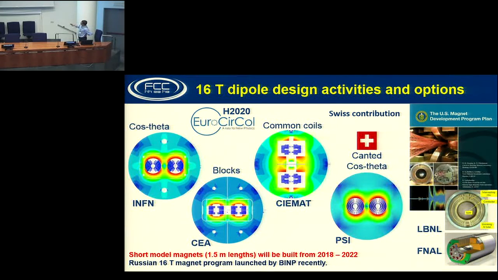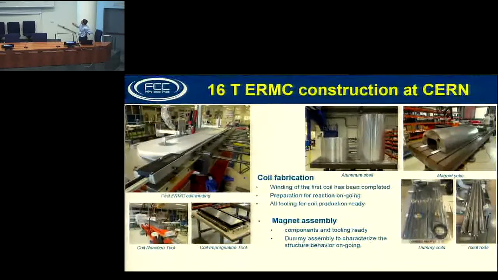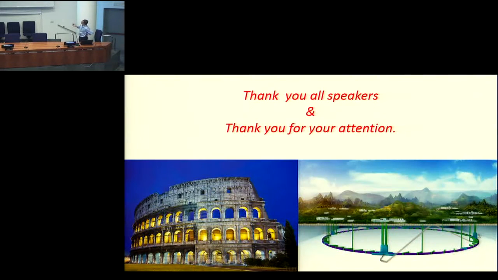There are several institutions, and the short model magnet with 1.0 meter length will be built from 2018 to 2022. And this is a 15 Tesla dipole demonstrator in the United States. And this is a 16 Tesla ERMC under construction at CERN.